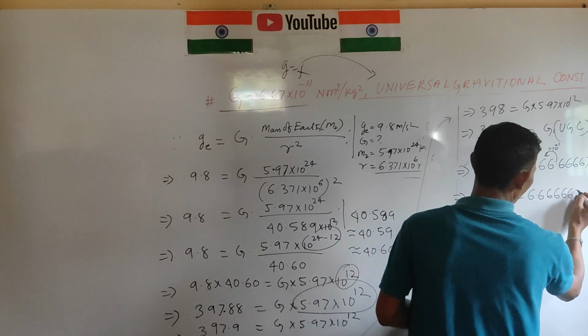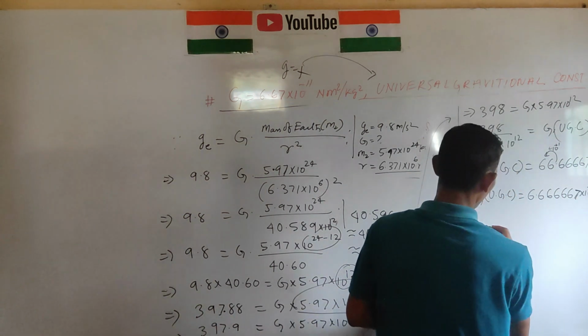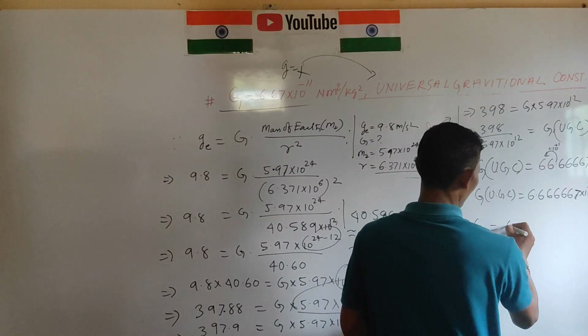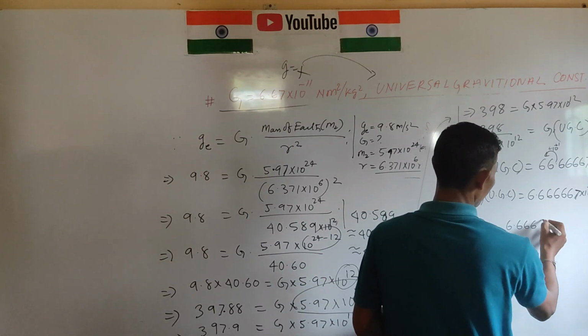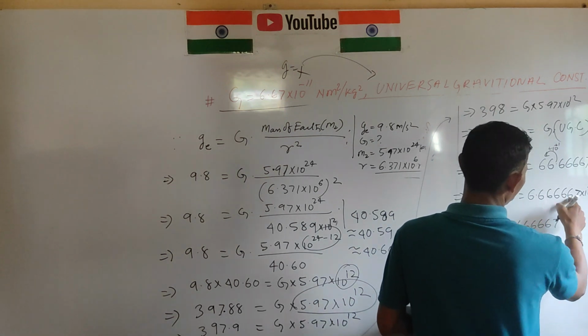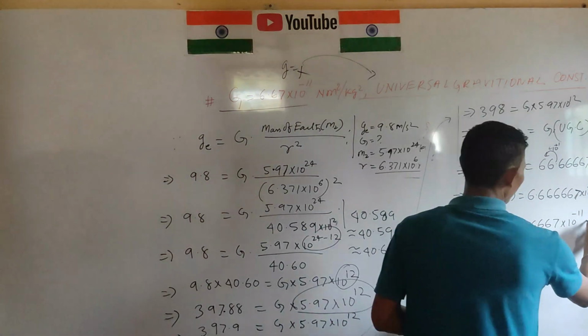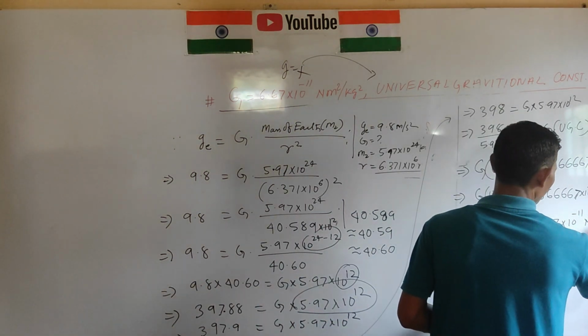So here we have 10 to the power plus 1 and 10 to the power minus 12. Therefore capital G is called 6.66667 into 10 to the power minus 11, and the unit is Newton meter square per kg square.